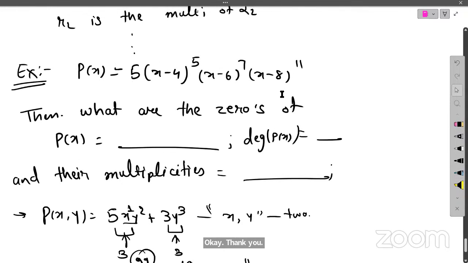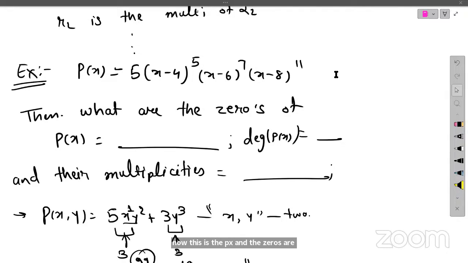Now this is the p of x and the zeros are okay. Deepak, what do you mean by multiplicity 23? No, Apurva, just calculate the maximum power of x once again.